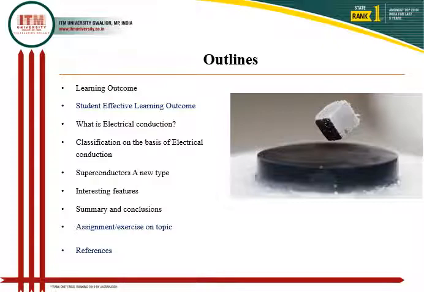First, I will discuss the learning outcome of this lecture, then the student effective learning outcome. Then we will move to what is electrical conduction and how we can classify the materials on the basis of electrical conduction.